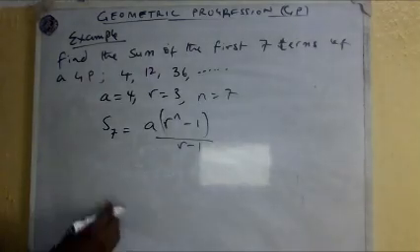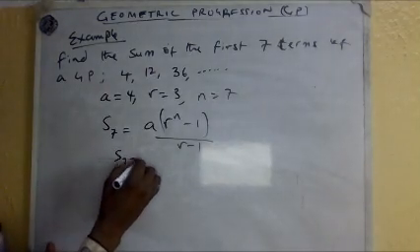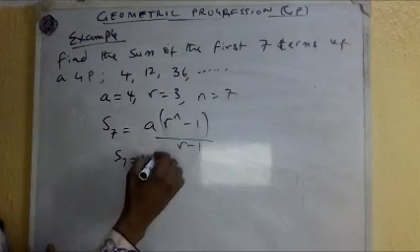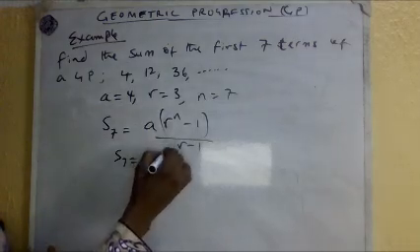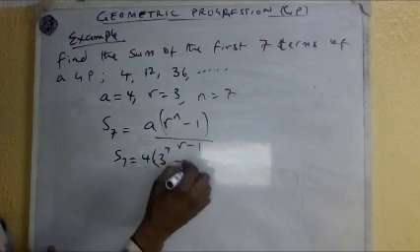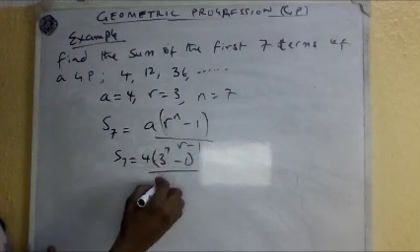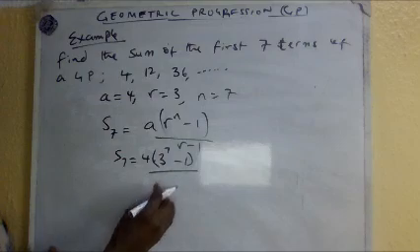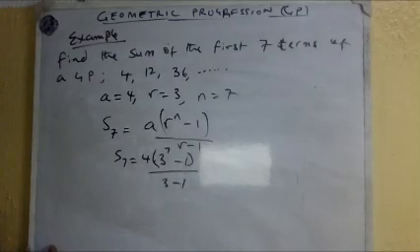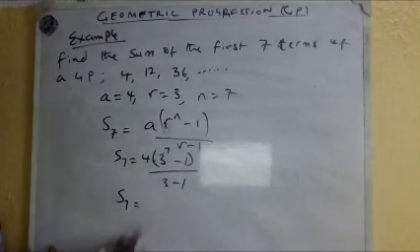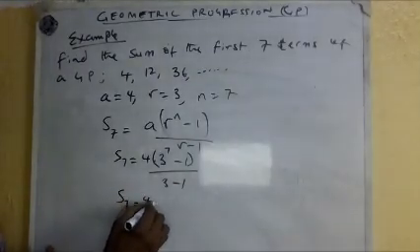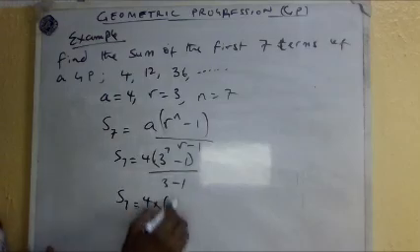Okay, so S7 is equal to A, which is 4, times, open bracket, R is 3, N is 7, close bracket, 3 to the power 7 minus 1, all over R minus 1, which is 3 minus 1. Okay, so S7 is equal to 4 outside, times, then 3 raised to the power 7 is what?